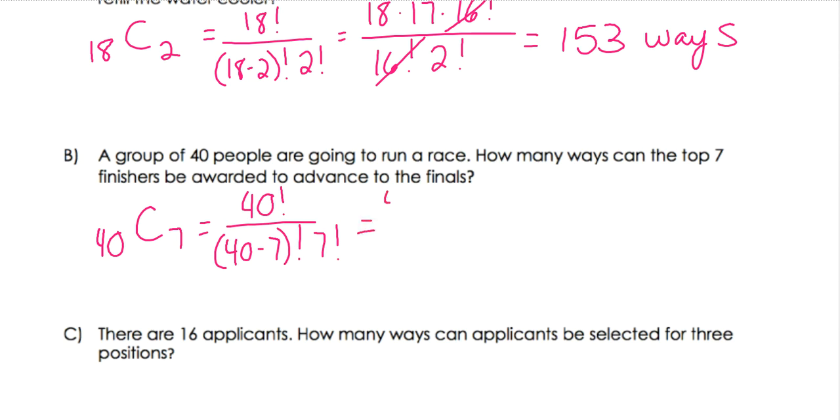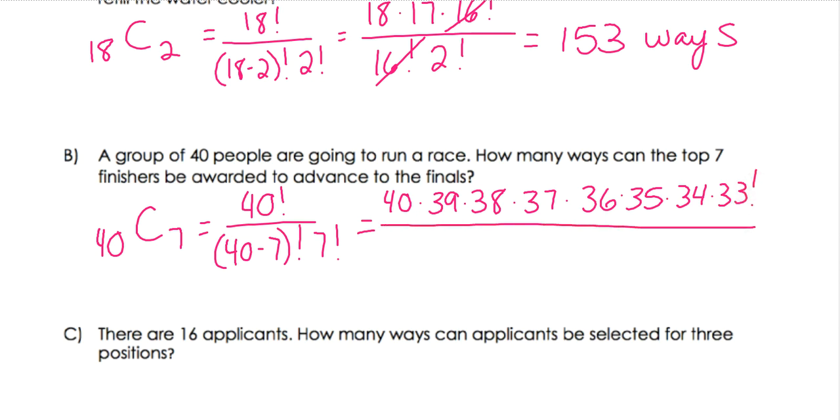So when I write that out, we have to go 40 all the way down 7 spots to 33. And then again, that 40 minus 7 would be 33 factorial over 7 factorial, which is 7 times all the numbers below it. So those 33 factorials cancel out.